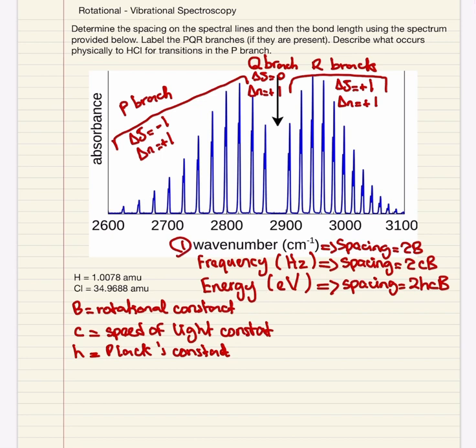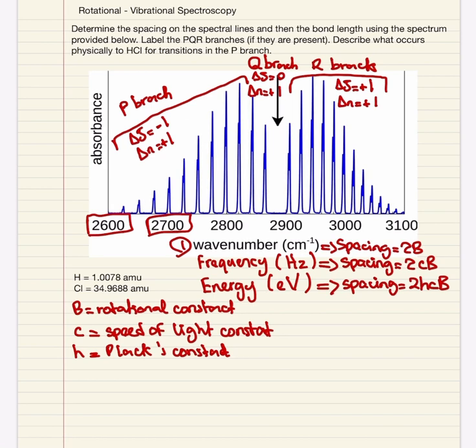Before we use the spectrum, we need to determine the spacing between the lines. The spectrum starts at a wave number of 2600, and the next label is 2700. If you look at how many lines are between 2600 and 2700, there are 4.